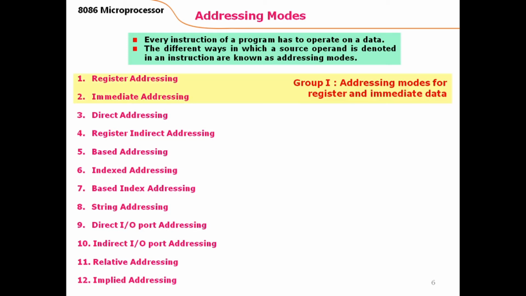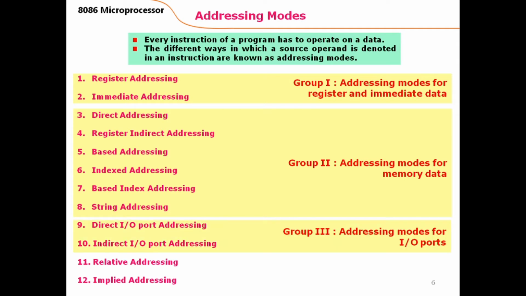These addressing modes are grouped. The first group of addressing modes include registers and immediate values or immediate data. The second group involves memory data. In these modes, at least one of the operands is to be accessed from the memory.